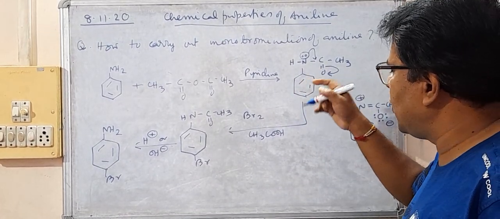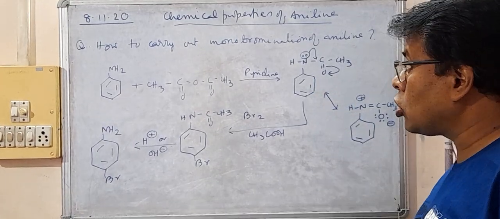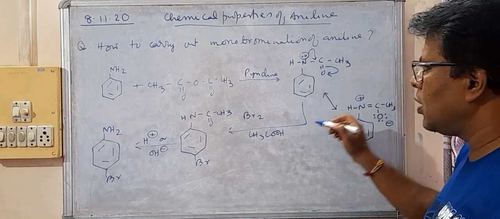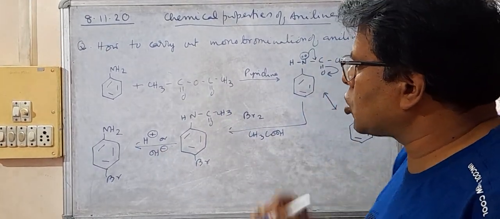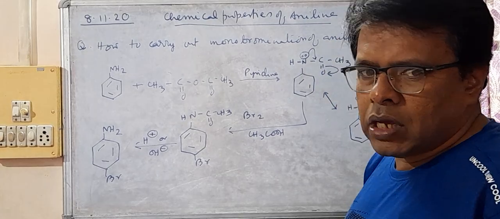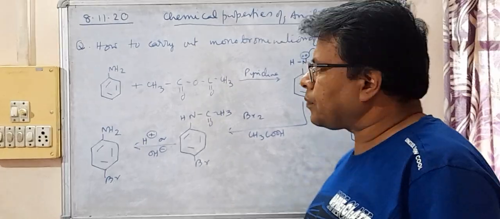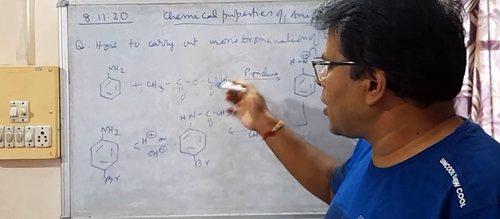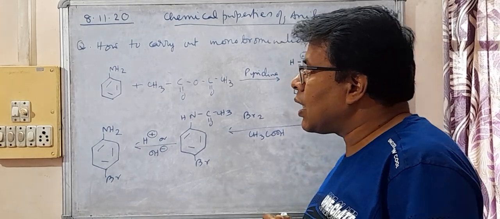It's activated still at ortho and para, but not so much, and that's why bromination occurs only at the para position. So here a question can come: what is the purpose of acylation? The answer is that the purpose of doing acylation is to make the ring less activated.